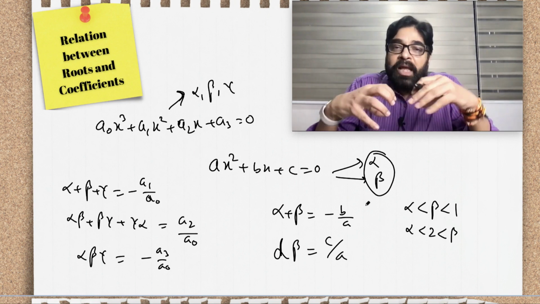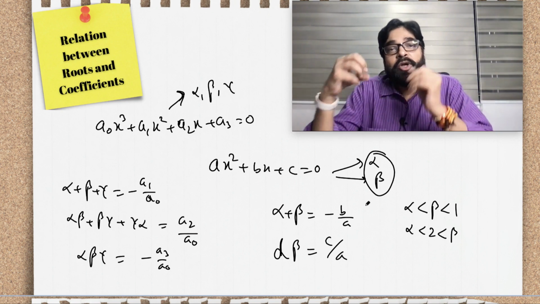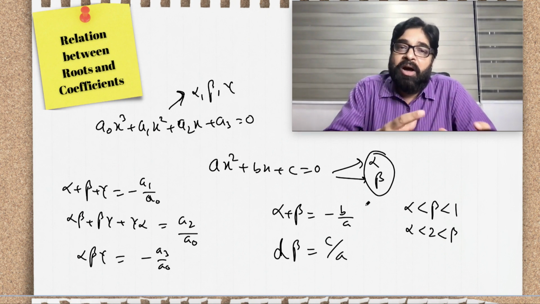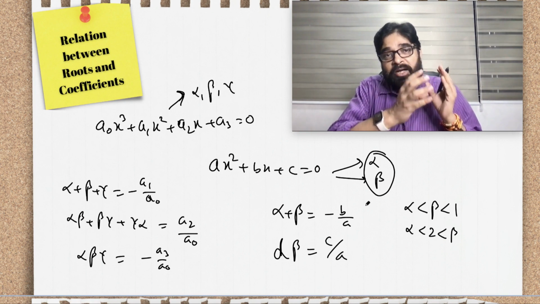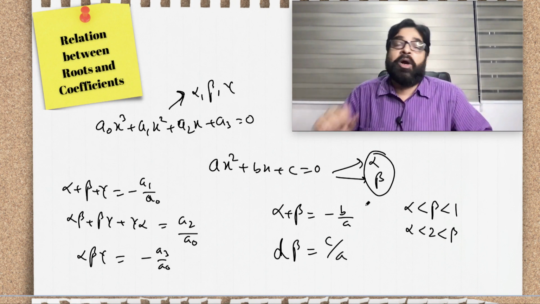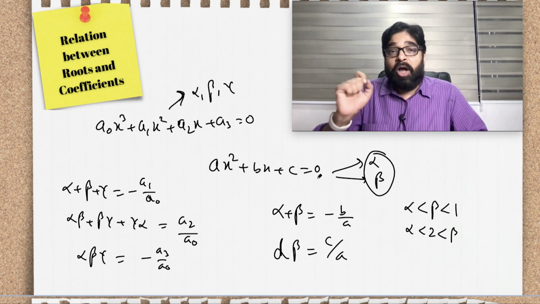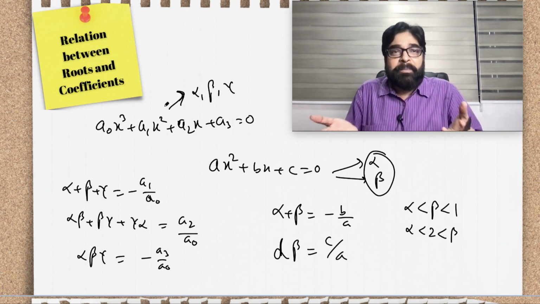So the relation between the roots and coefficients means you are putting some condition on roots, so how will the condition on coefficients come? Or if you are putting conditions on coefficients, how will the condition on roots come? That point has to be clear. Understood my point? I am not saying this is the only thing in JEE, but this is the complete quadratic.